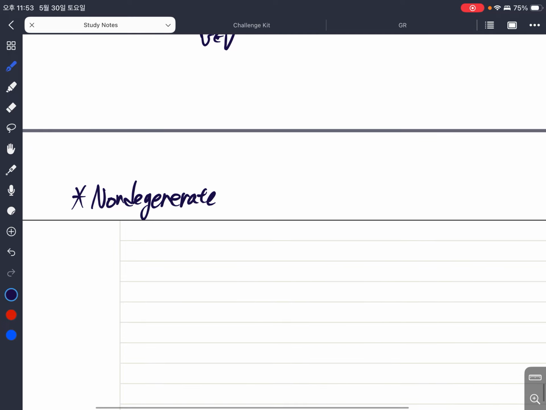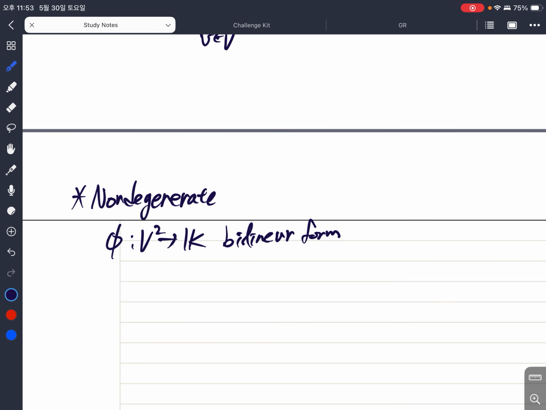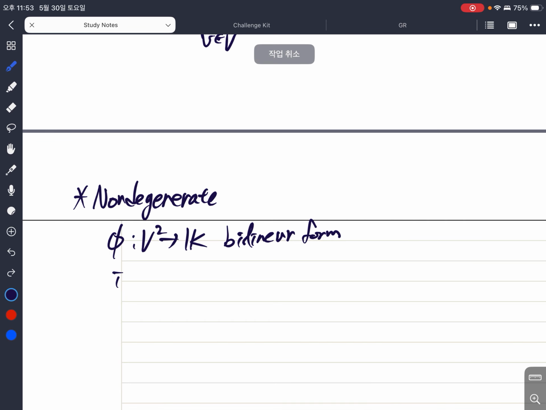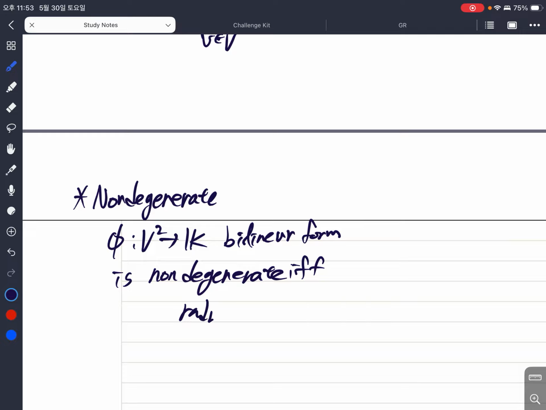Let us say phi: V × V → K is bilinear. This bilinear form is non-degenerate if and only if the left radical and right radical are 0, that is, trivial.